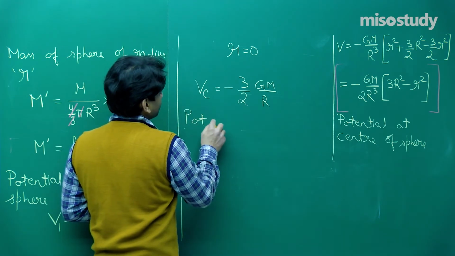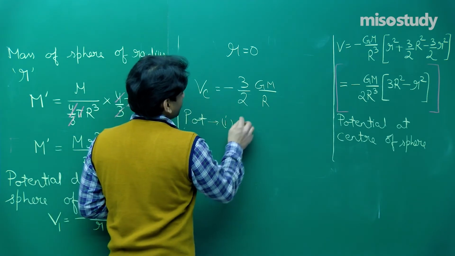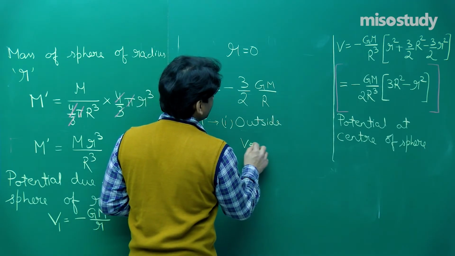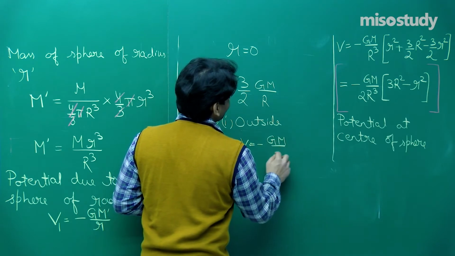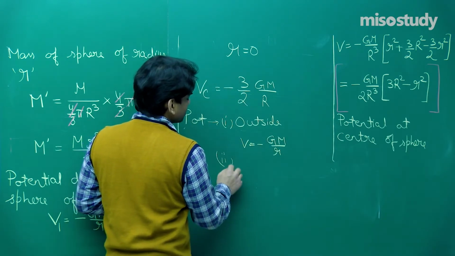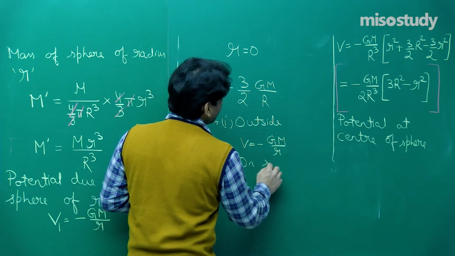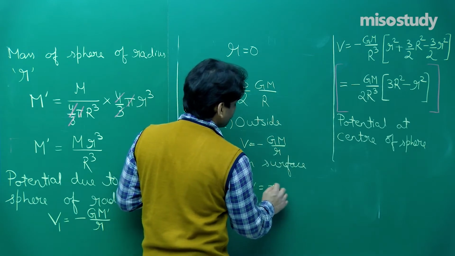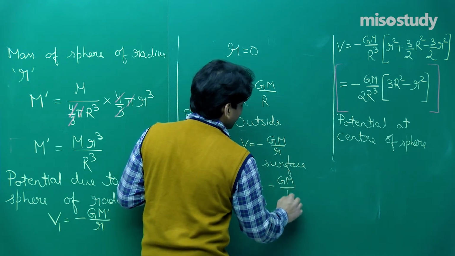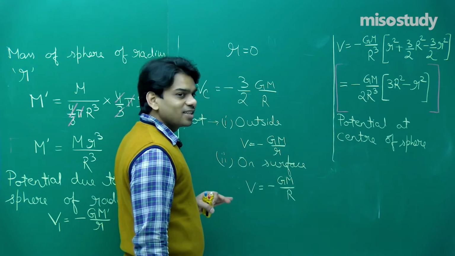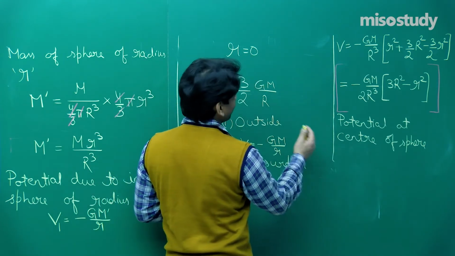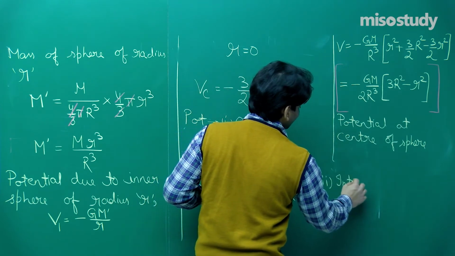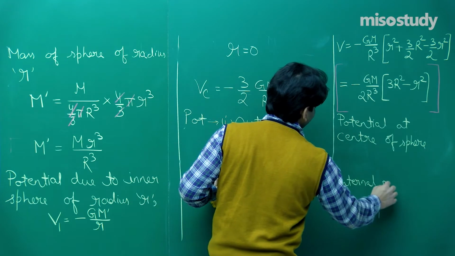Potential first, outside, it was given as V equals minus GM by r. Using the same formula, we can write down the potential on the surface as V equals minus GM by capital R. And now at an internal point, which we have already written down here, the third one, I've already written it.